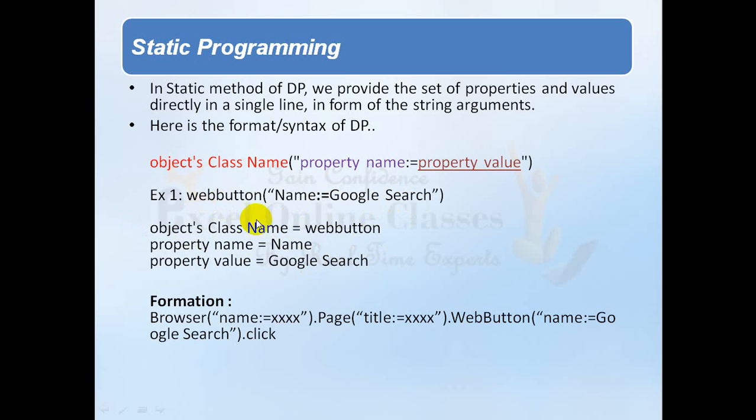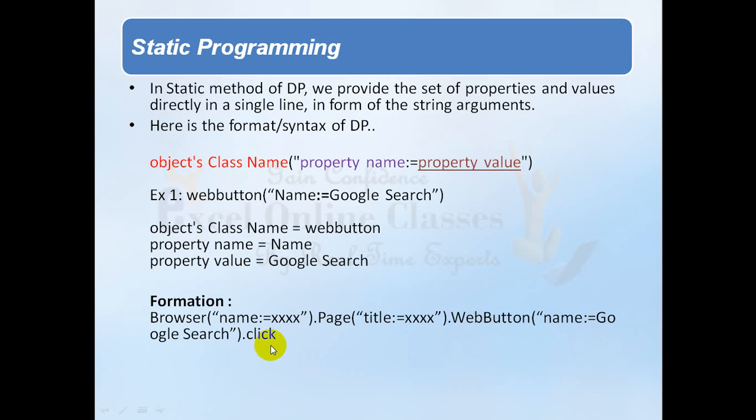Here web button is the class name and name is the property name. The value is the value of that web button. Here it is Google search. So, in this way we can write the script: browser of some property to identify that browser, and that property value dot page of some property name of that page equal to property value, dot web button of property name and value, dot method.